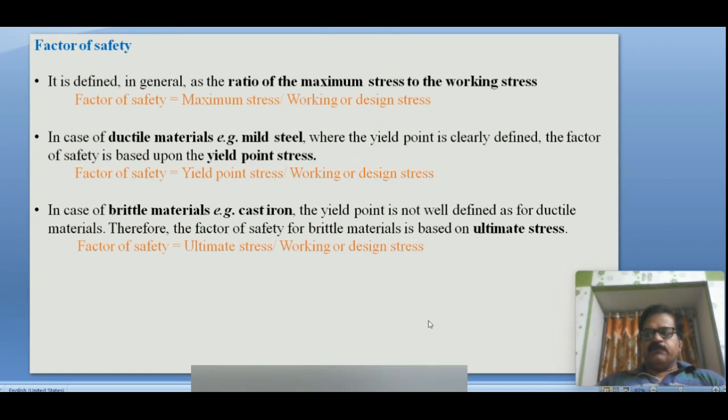If it is very very important, then we need to go for a factor of safety of the order of 5, maybe 8 or 9 or even 10. In ductile materials like mild steel, etc., the failure value of stress should be taken as the yield point stress, whereas in brittle material like cast iron, we will take the ultimate stress.